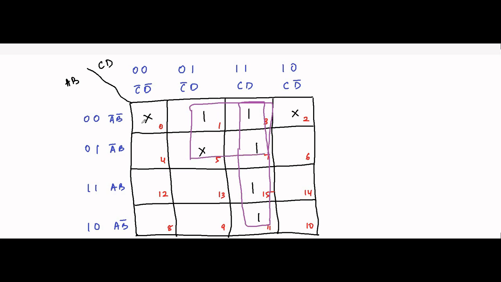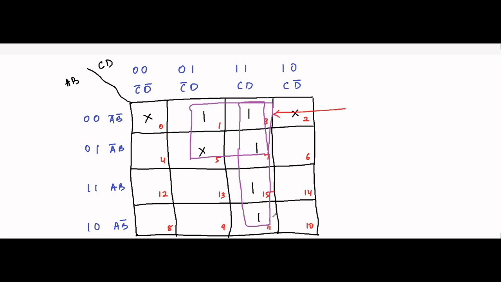Now here you might think we can form this quad also, 0, 1, 3, 2, but that is not necessary because here we have two don't care cells D0, D2, and in this quad 1, 3, D5, D7 we have only one don't care cell. So first priority will be given to this. So these are the two quads here.